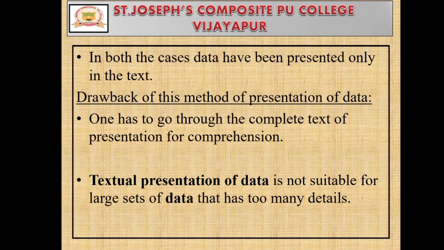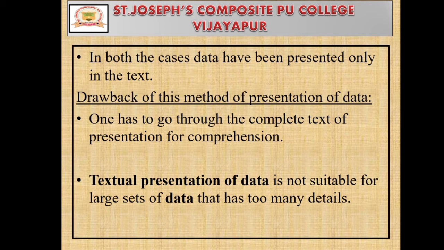Then it also has some drawbacks. What are the drawbacks of the textual method of presentation of data? First, one has to go through the complete text of the presentation for comprehension. That means if you want to know the complete picture of a particular piece of information, you need to go through the complete text.